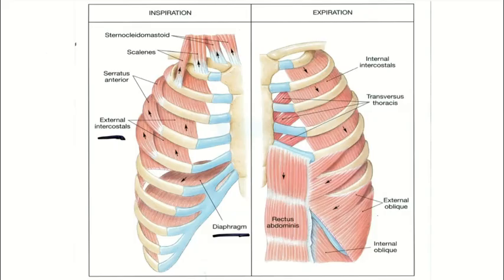So we see that the internal intercostals, the external oblique, the internal oblique, and the rectus abdominis muscle are going to decrease the volume of the thoracic cage when they contract because they all pull the ribs downward when they're contracting. So these muscles are only recruited during forced expirations.